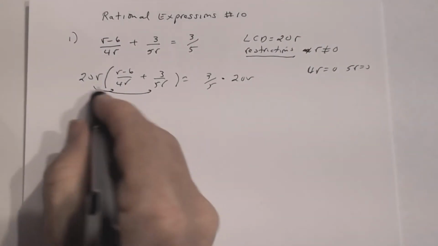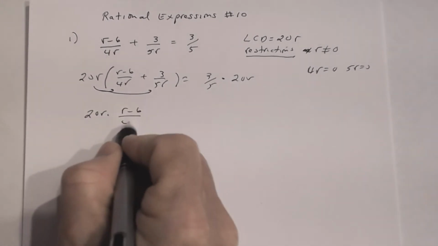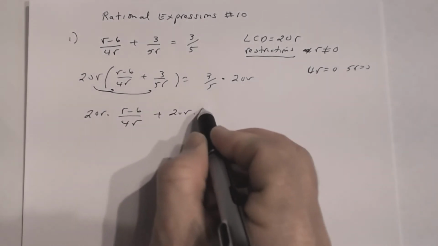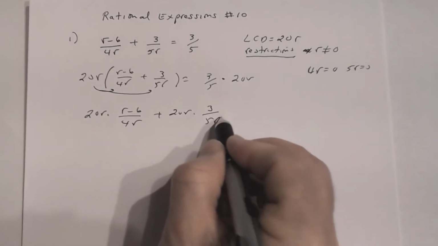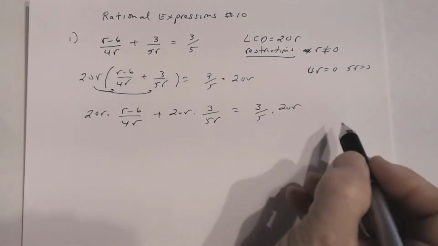And so you're going to get 20r times (r - 6)/(4r) plus 20r times 3/(5r) equals 3/5 times 20r. Okay?